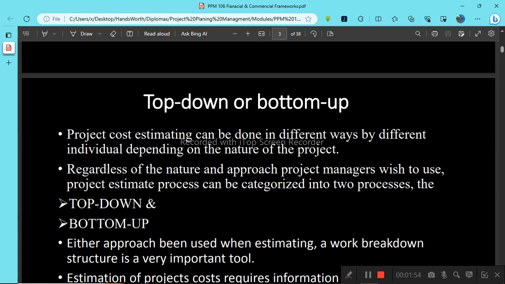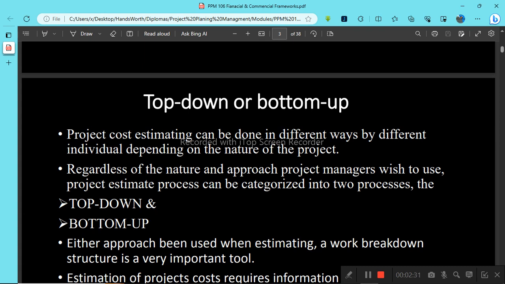The approach or category that you pick is simply dependent upon the nature of your given project. We shall go into details as we go along, but for now, we can first look at the different categories and approaches of cost estimation. So we have the first one, which is known as the top-down estimation, and then we've got the bottom-up cost estimation. Okay. All right.